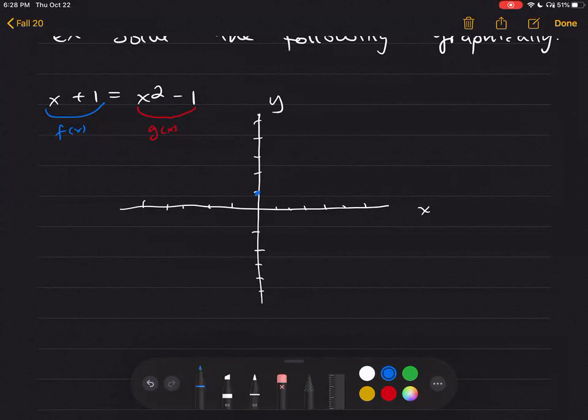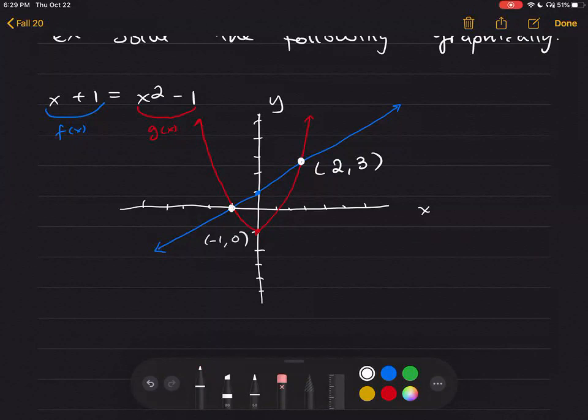It's just going to go this, just a simple line. And then our parabola looks something kind of like this. And I will also tell you what these points are. This point is supposed to be, if this were drawn to scale, 2, 3, and this point is supposed to be -1, 0.